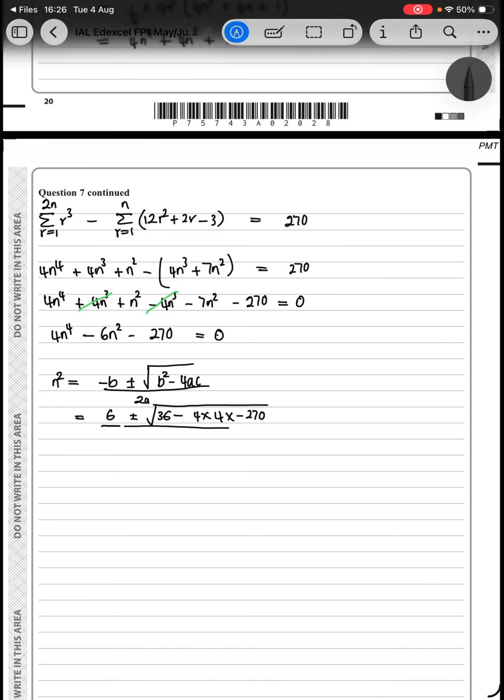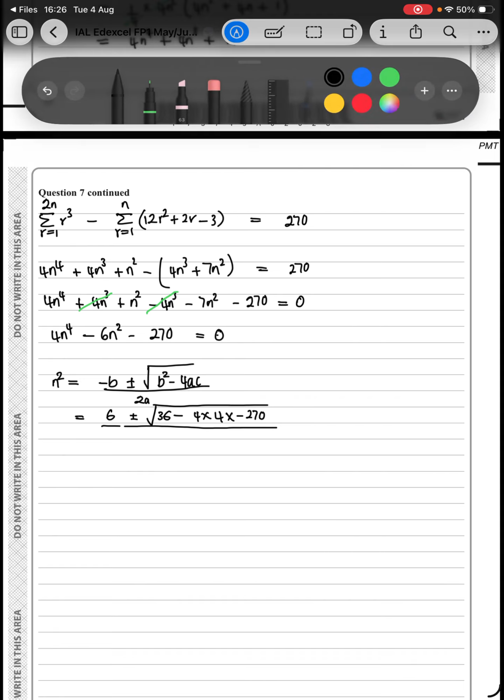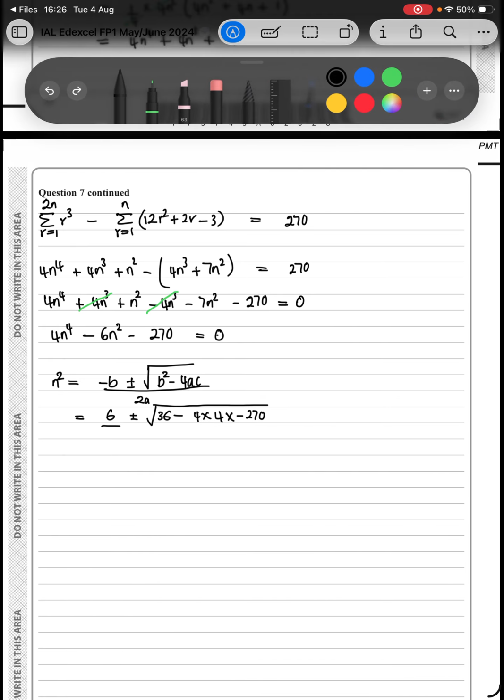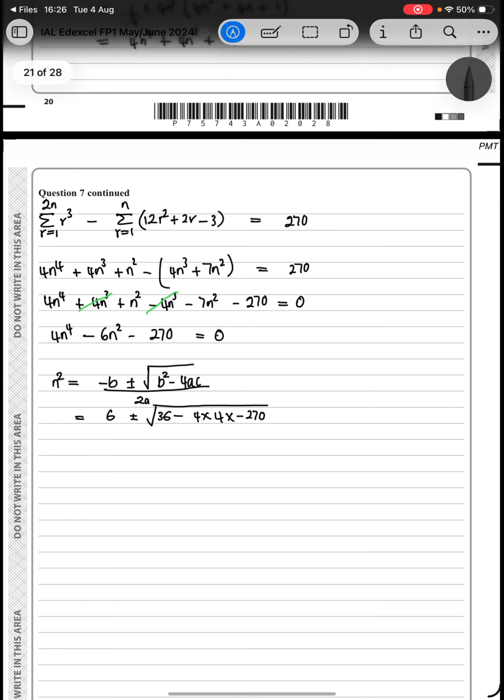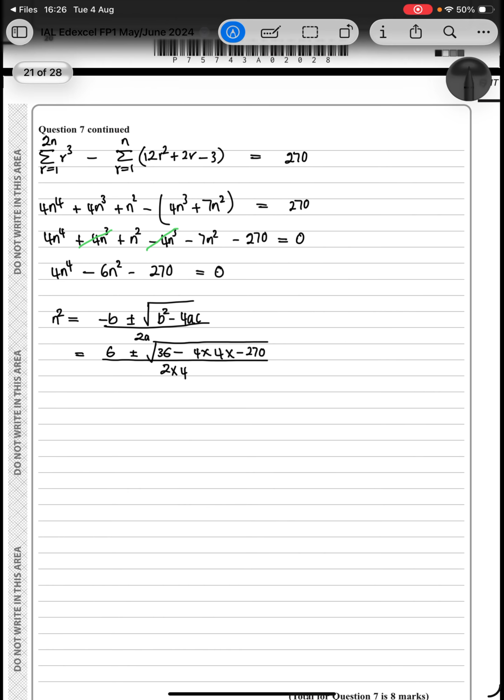Let me draw a beautiful line. Okay, 2 times a, which is 4, is 8. 36 minus 4 times 4 times minus 270 is 4,356, and if I find the square root of it, we get 66.